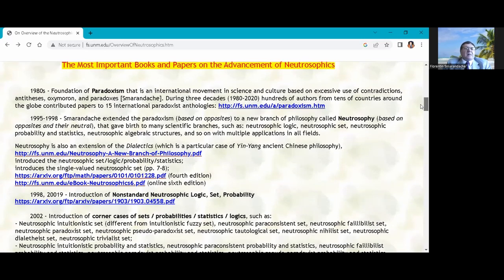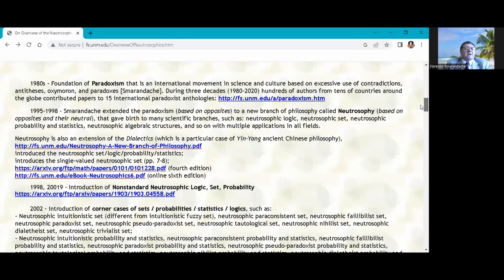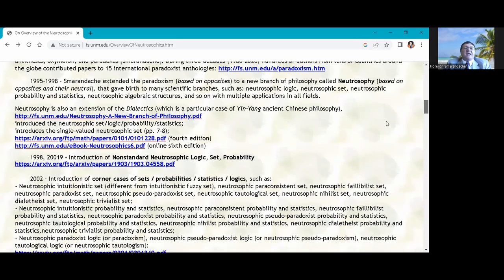Neutrosophy was considered a branch of philosophy, and it extended dialectics, and in particular the yin-yang ancient Chinese philosophy.